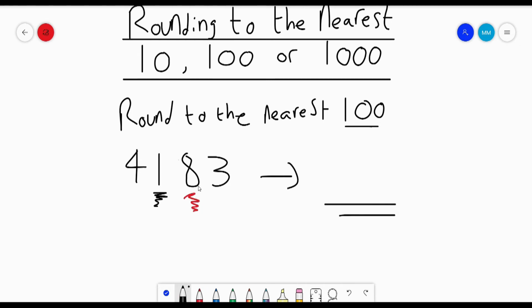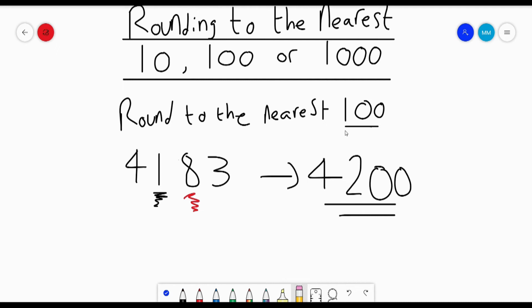Is 8 worth 5 or more? Yes. So because that happens, the 1 in our answer is going to turn into a 2, i.e. the 1 here increases by 1. So your answer will be 4, 2, and all these turn to zeros because they're on the right hand side of the 1. That's it. 4,200.